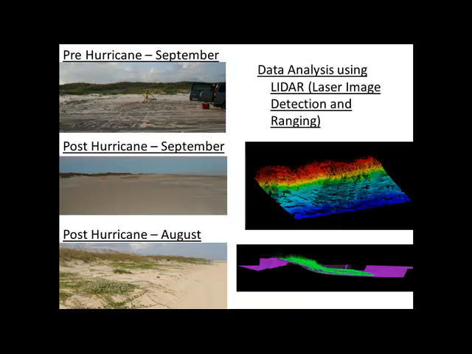That's giving you a 3D image of the grass and how tall the dune grass is there. So I was able to look at different time periods over a year period and see how the beaches changed in volume from before the hurricane to right after the hurricane, and then for a year after when the beaches were actually starting to recover.